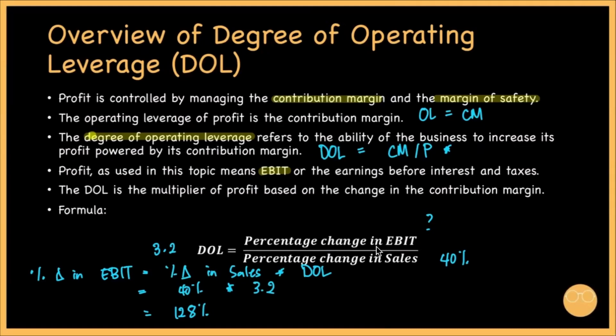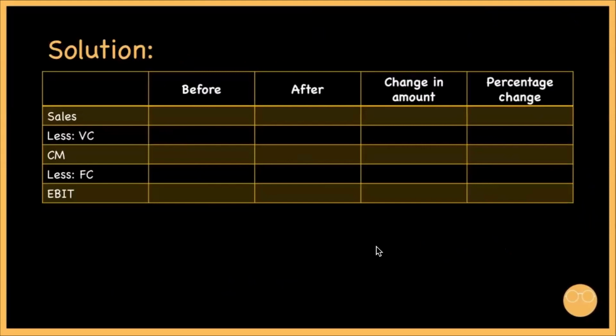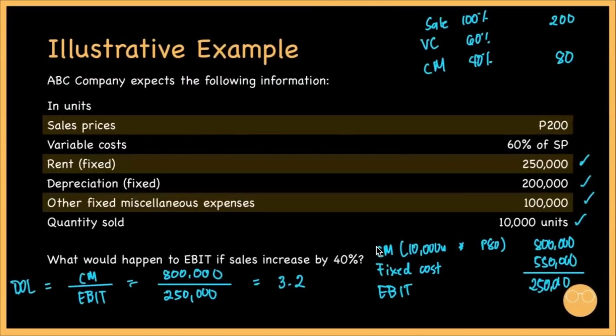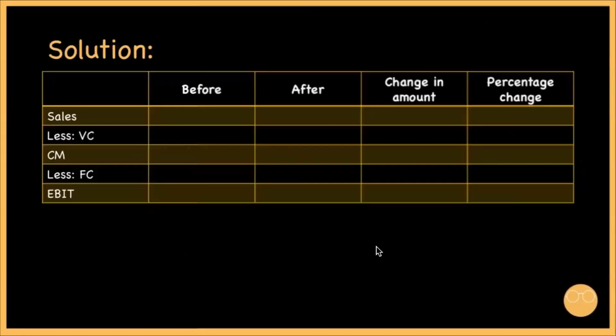So let's try to prove our answer. We have here the before, after, the change in amount, and the percentage change. The sales here are 200 pesos per unit multiplied by 10,000 units, which gives us 2 million. But since there will be a 40% change in sales, 2 million multiplied by 140% gives us 2,800,000.